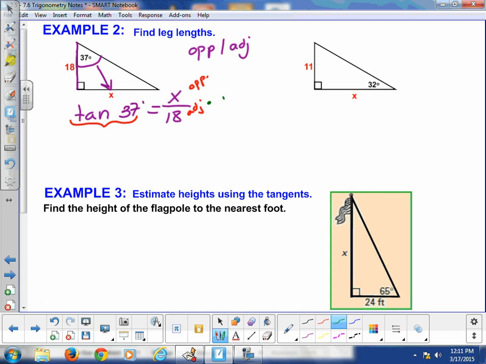I want to solve for x. When I solve for x, I'll multiply each side by 18. So multiply by 18, multiply by 18. Sounds like familiar algebra, right? Because it is. I want to know what 18 tan 37 is.